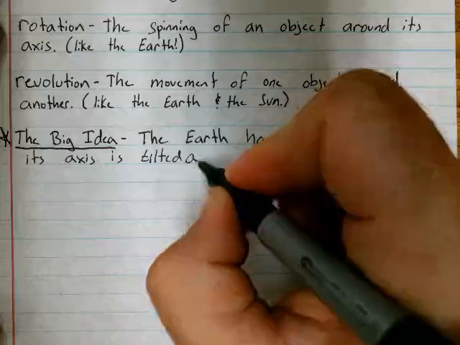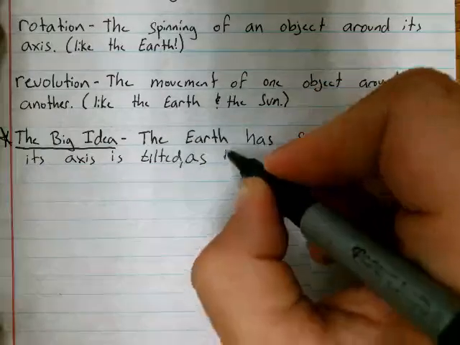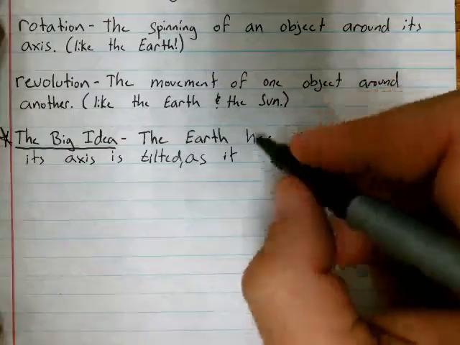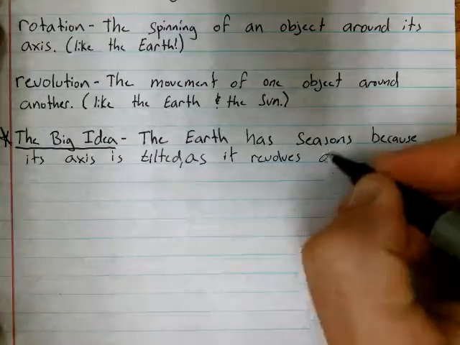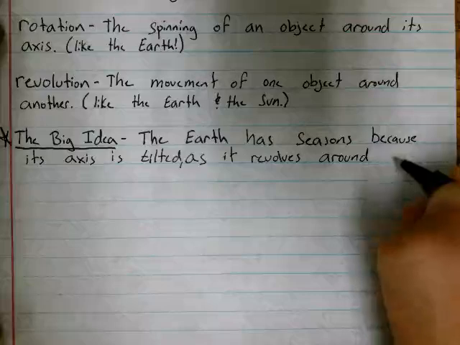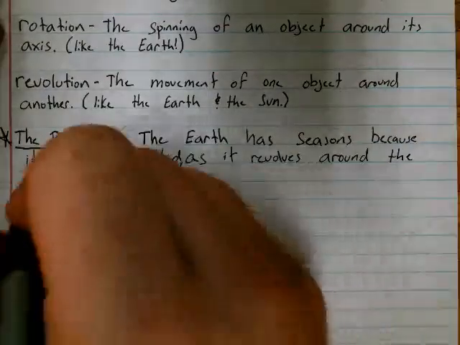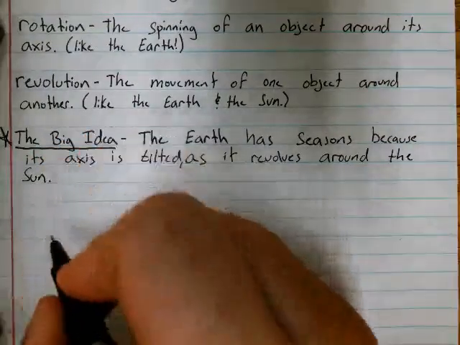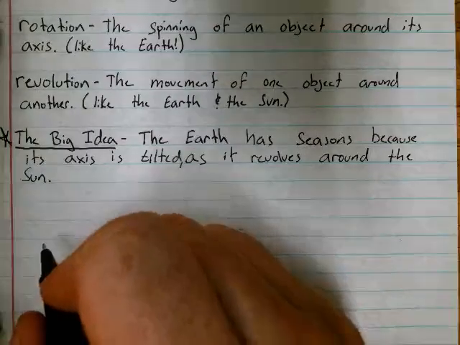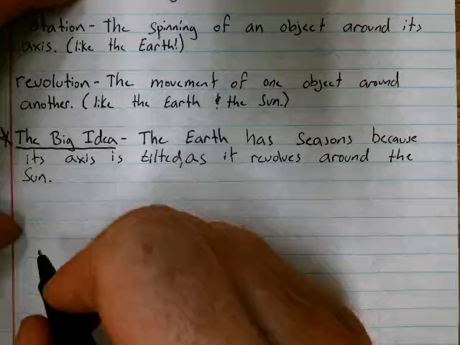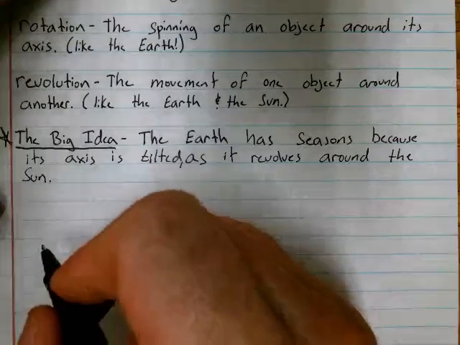Let's add: as it revolves around the sun. So summer and winter are due to Earth's tilt, not the Earth's distance from the sun.